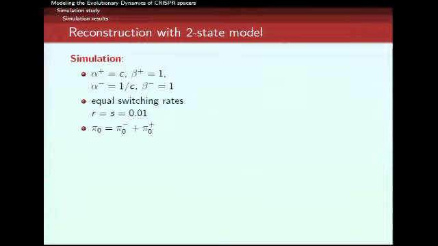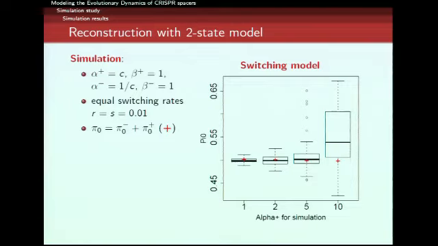And the next question was whether we can distinguish it from the two-state model. So this is the same simulation I showed you for equal switching rates, and for pi 0 I just take the sum of pi 0 minus and pi 0 plus. If I estimate the parameters under the switching model, this pi 0 about matches the expectation of the stationary distribution under the two parameter values.